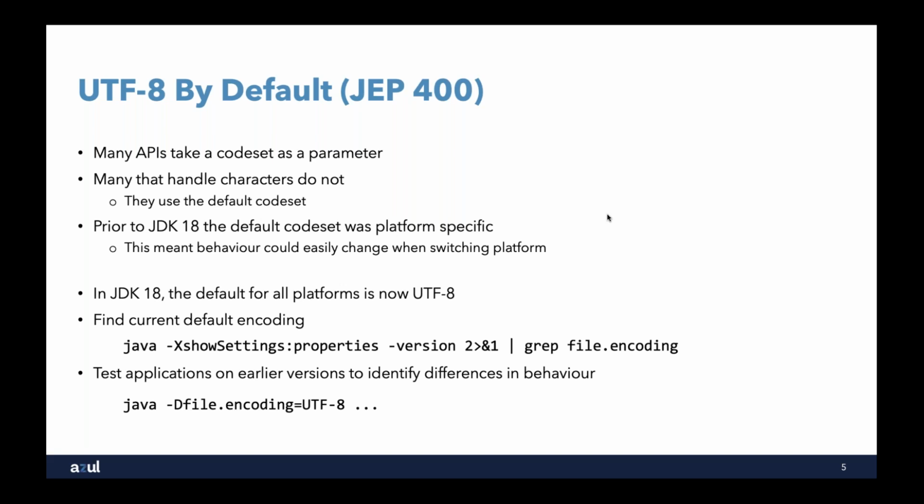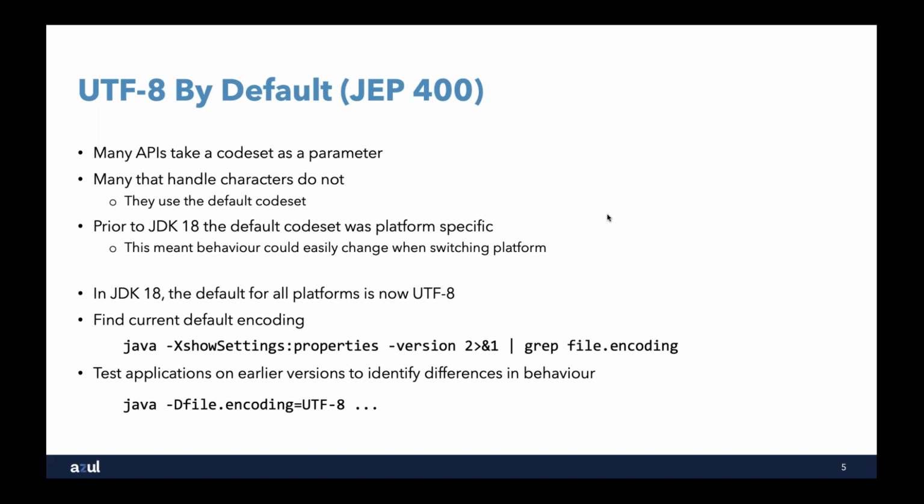Great. But what that has led to is that moving between platforms has led to some different behavior. So you might have a code set default on Linux, which is different to on Windows. And then when you move your application, because the default code set is different, the behavior of your application changes because it's using those code sets.